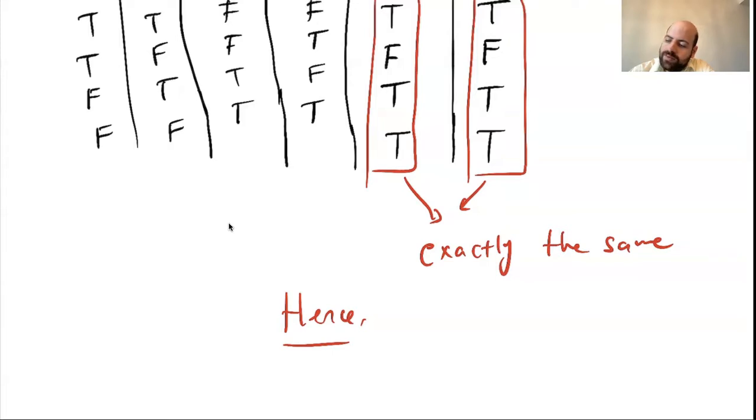And what is its contrapositive? So remember again, if P, then Q. The contrapositive is if not Q, then not P. The contrapositive of P implies Q is negation Q implies negation P.